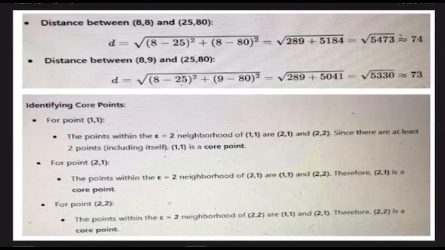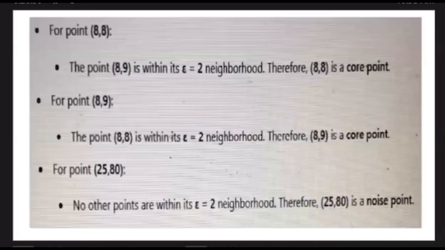And for (2, 1), the points within the epsilon equal to 2 neighborhood of that, therefore it is also a core point. Then (2, 2) is also a core point. Then (8, 8): I said (8, 9) is within its neighborhood when you go back and compare (8, 8) and (8, 9).